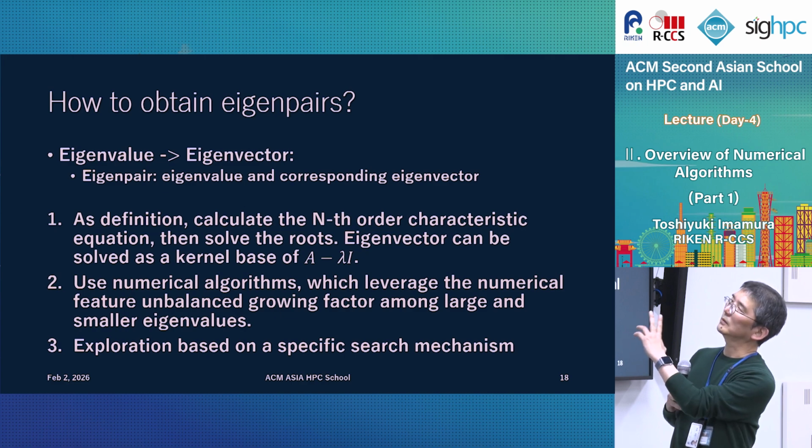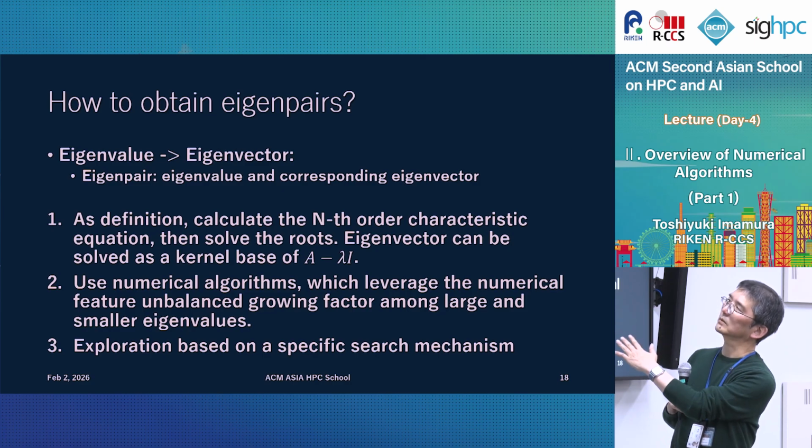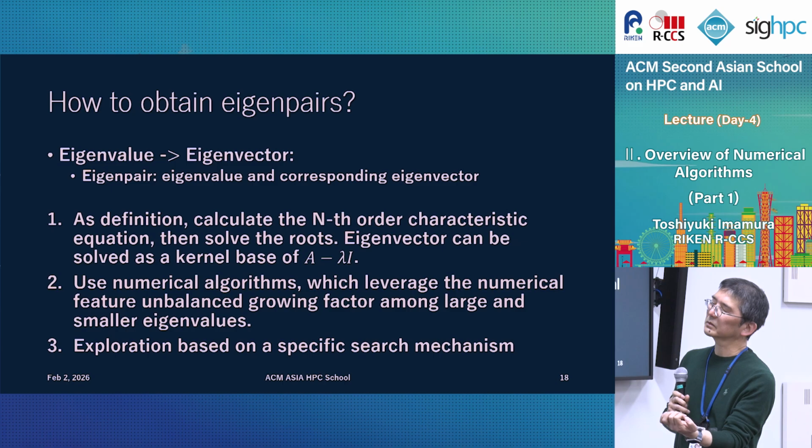Here, pair means the eigenvalue and the eigenvectors. So maybe you understood the eigenvalue problem, the eigenvalue decomposition. This is strictly defined by the matrix determinant.